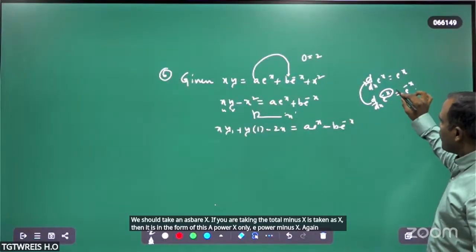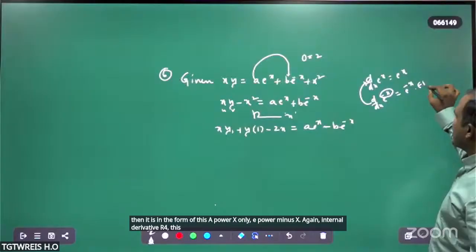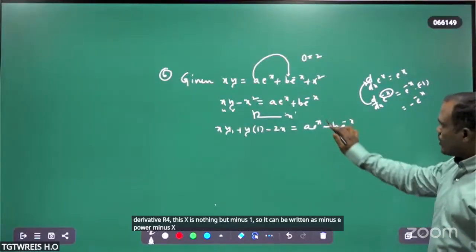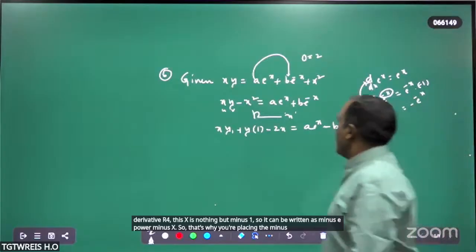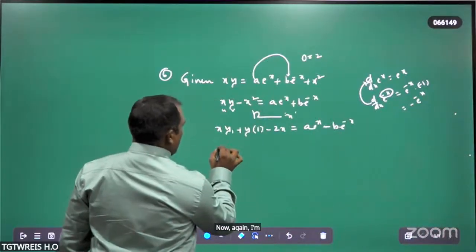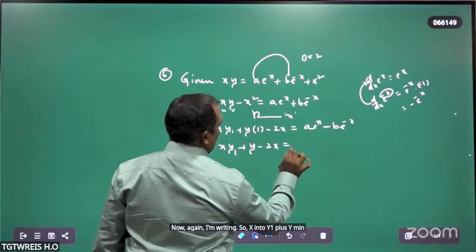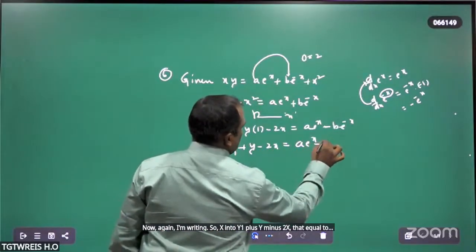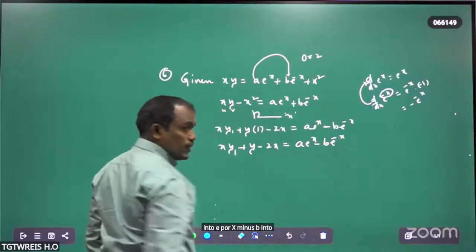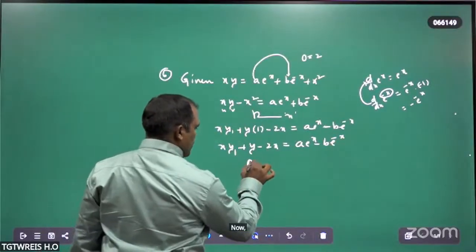Again, the internal derivative of this x is minus 1, so it can be written as minus e power minus x. That's why plus into minus gives minus. Now again I am writing: x into y1 plus y minus 2x equal to a into e power x minus b into e power minus x.